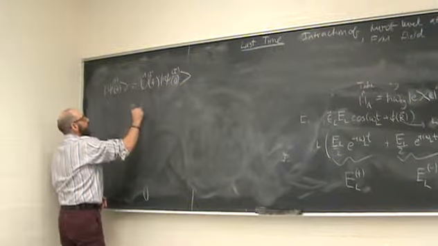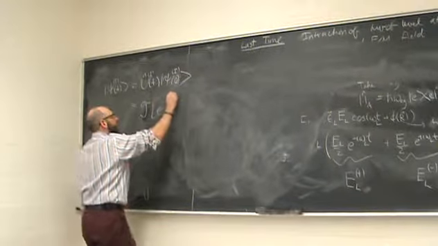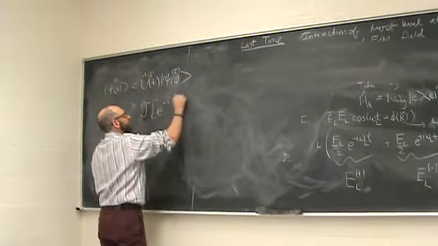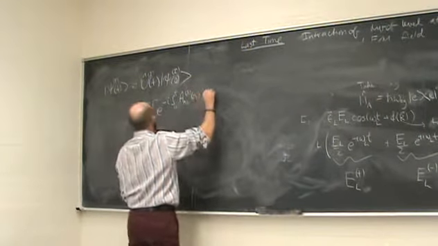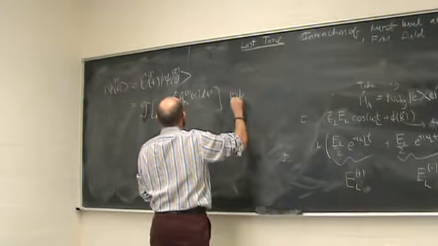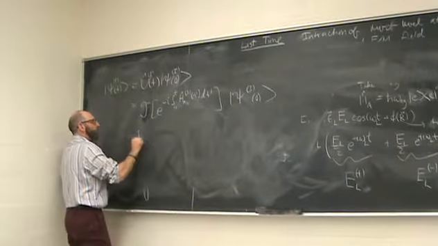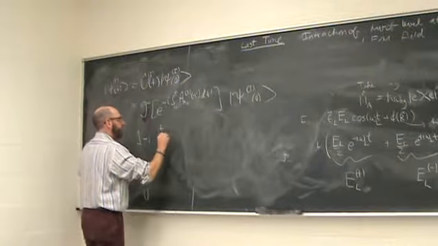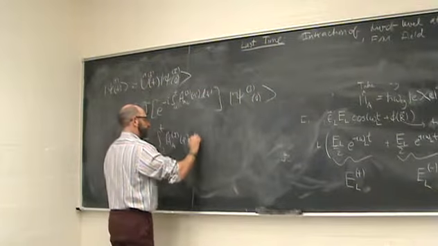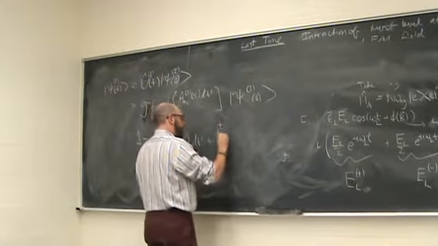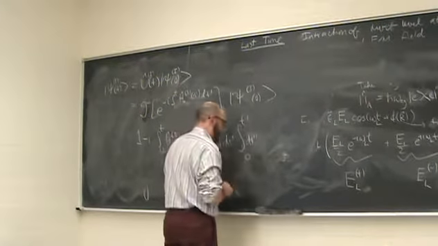This guy is the time-ordered e to the minus i, the interaction H_I(t') dt', which is 1 minus i integral from 0 to t, plus integral from 0 to t dt', integral dt'' from 0 to t', and so on.